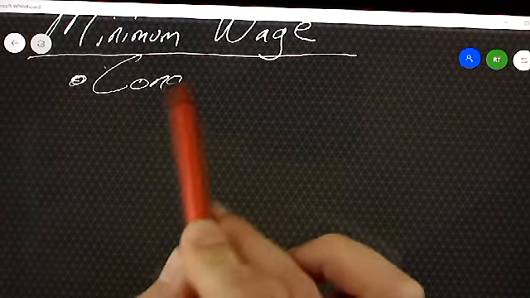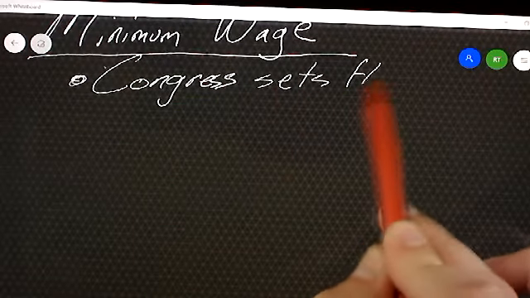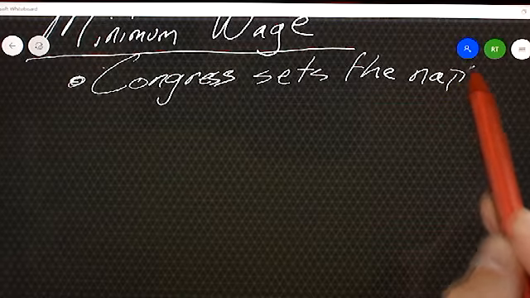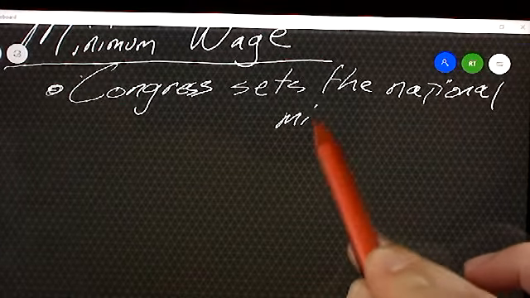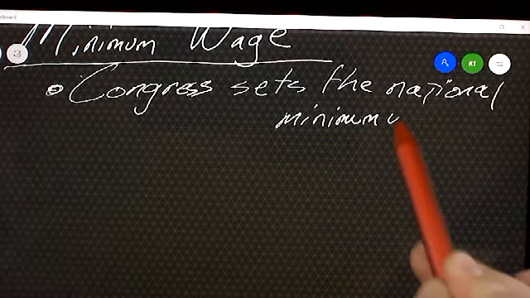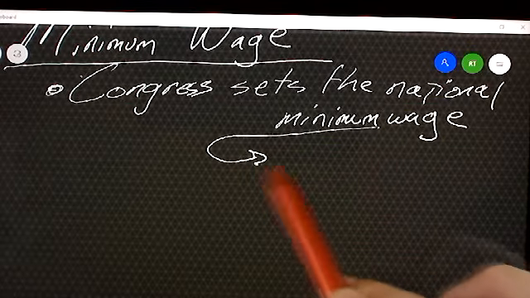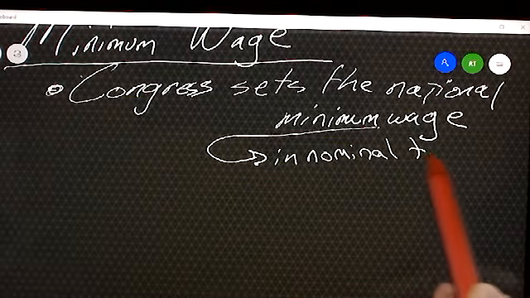So Congress sets the national minimum wage, and this is set in nominal terms.